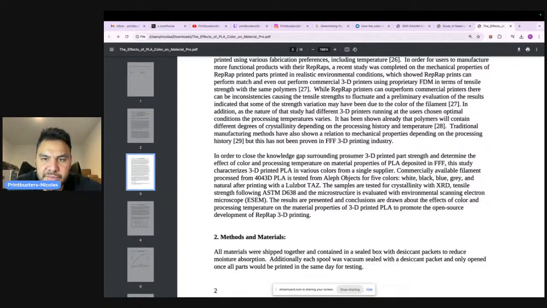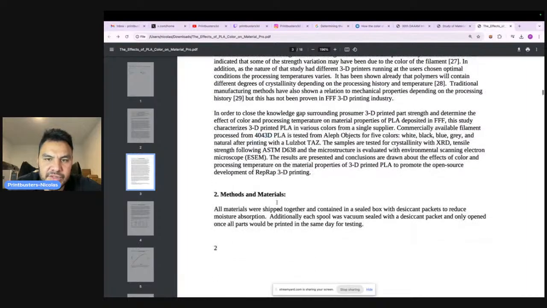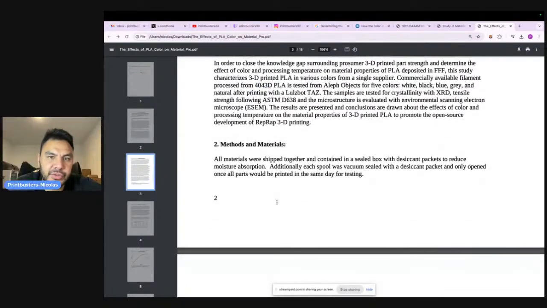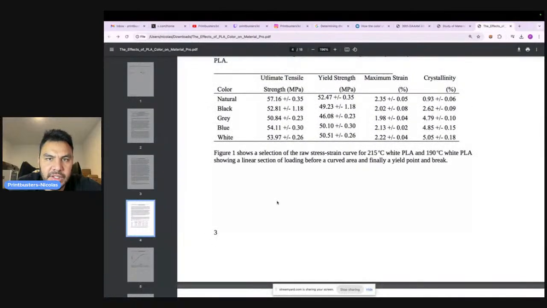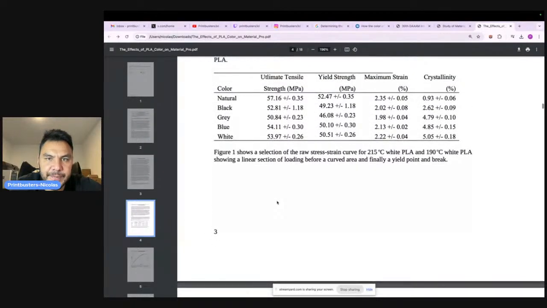After printing on this board, the samples are tested for crystallinity, tensile strengths following blah blah, microstructure, blah blah. Okay, so they are assuming that they are all 4043 plus different pigment. I think that's what they are assuming, which could be true, could not be true. I don't know. And then they do their whole testing.